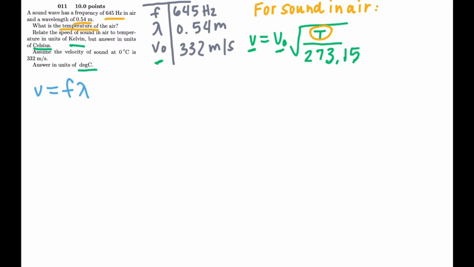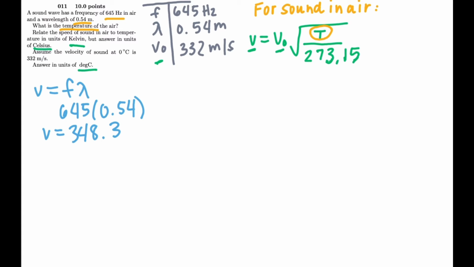So final velocity is equal to frequency times wavelength. That means 645 times 0.54, and that should give us a velocity of 348.3.